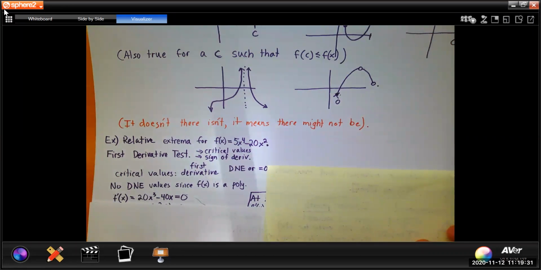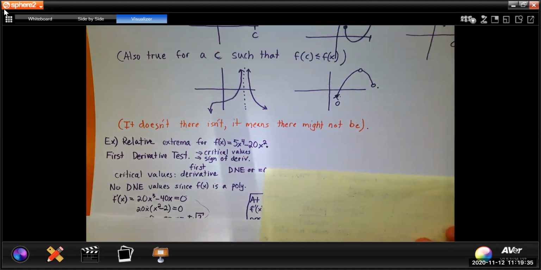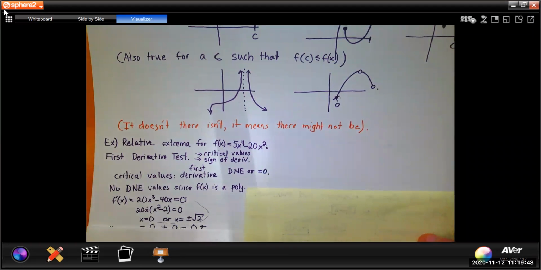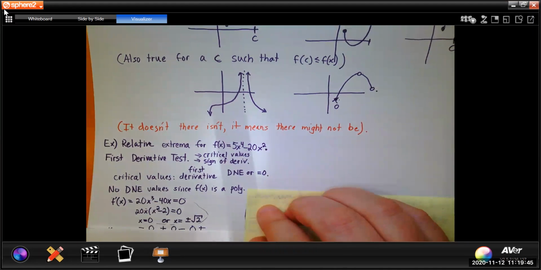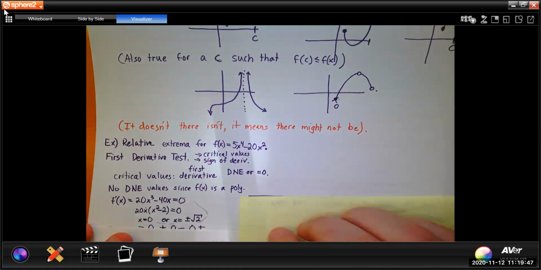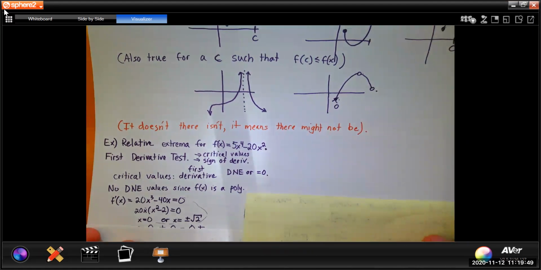Okay, so this function will equal 0, and I decided to factor, when x is 0 or x is plus or minus the square root of 2. Hopefully you follow all of that. I actually factored everything. I said x squared minus 2 is x minus the square root of 2 and x plus the square root of 2.